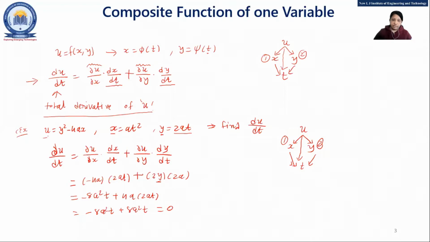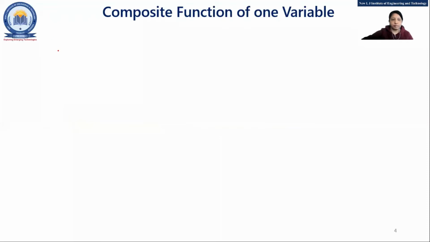Now, for example, if there are three variables here, what is supposed to be there? Anyone? Three variables are there. Suppose u equal to f of x, y, z, and x is a function of t, y is also a function of t, and z is also some function of t.